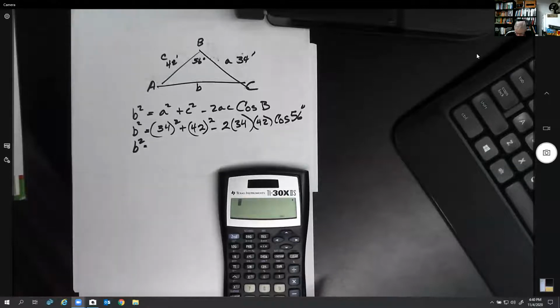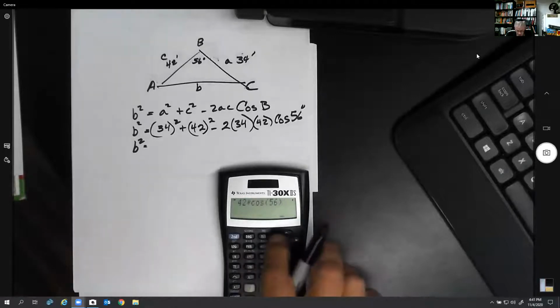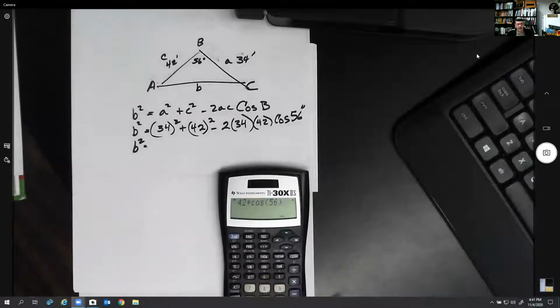I don't know if we can do this whole thing at once, but we could give it a shot. 34 squared plus 42 squared minus 2 times 34 times 42 times cosine 56. And make sure this is set to degrees. Equals.